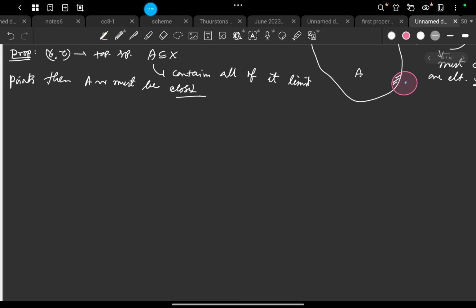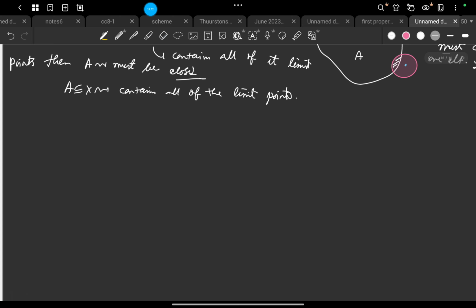So why is it closed? Just to say, if you want to show that it is closed, for example, suppose A is a subset of X that contains its limit points. Now consider the closure.